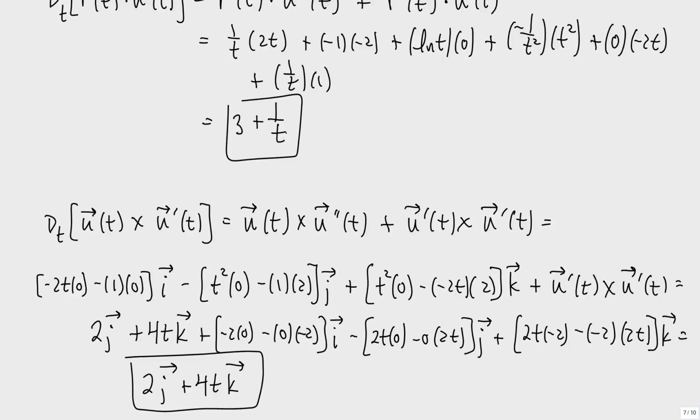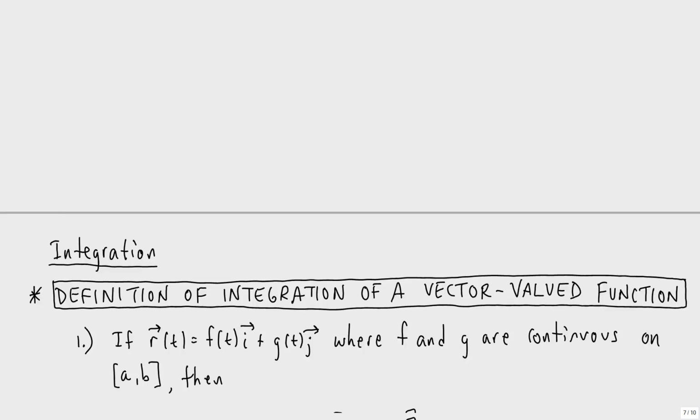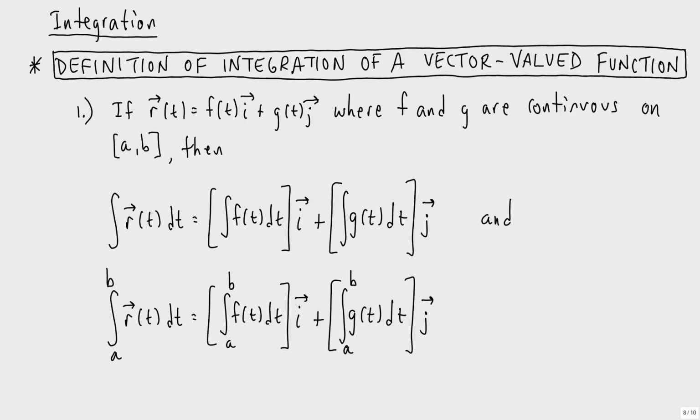Okay, what about integration? Well, let's say you have r with two component functions f and g, and let's say they're continuous on an interval a to b. Then the antiderivative of the vector valued function r, you'll just do the antiderivative of function f, the antiderivative of function g, and that'll yield the components we need for the antiderivative of the vector valued function r.